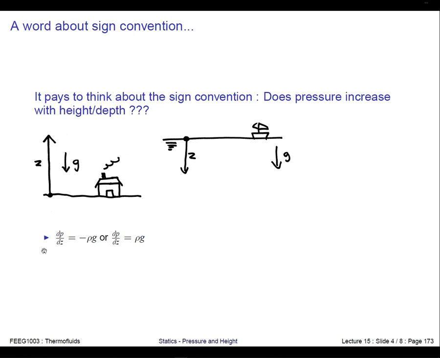So when you're solving problems using statics, it's very important to first draw a diagram and decide where your origin is, which direction your coordinate is going in, and in which direction your gravity vector is acting, because otherwise you can get yourself in trouble.